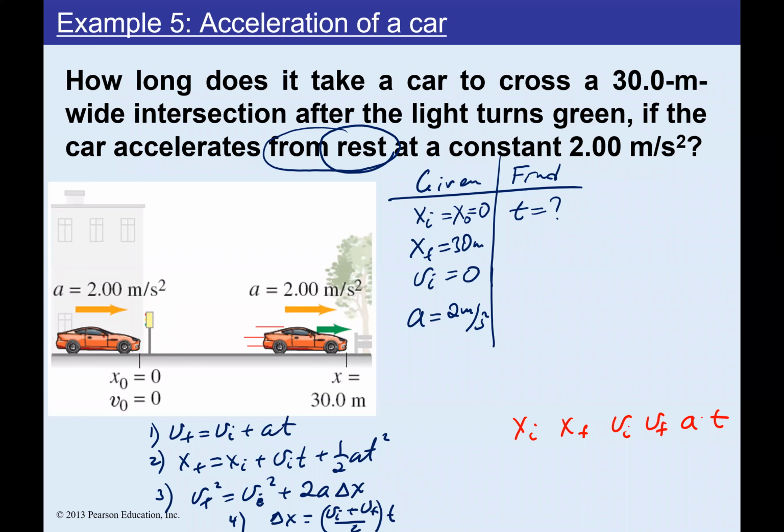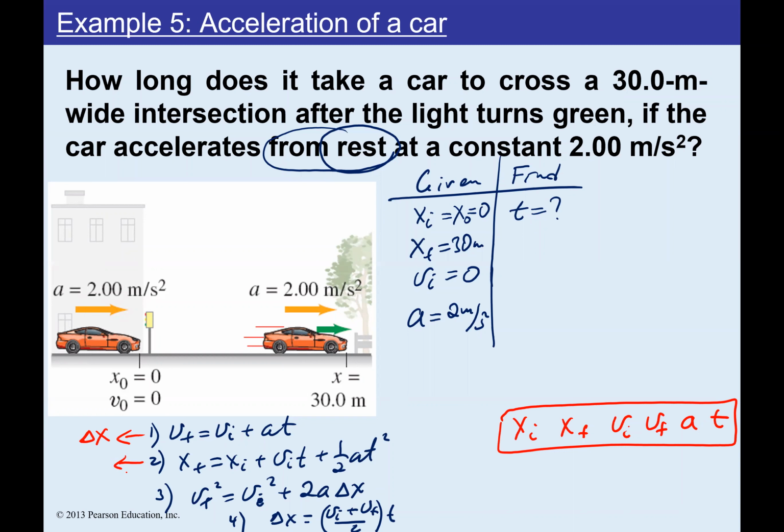So that's why. Also, if you look at those kinematic equations, each one is a little bit unique in that each equation is independent of at least one quantity from those kinematic variables. Let's look at equation 1. Equation 1 has V final, V initial, acceleration, and time, but it doesn't have the displacement, which means it's independent of the displacement. If you're not given displacement, it's okay. You can use that equation.